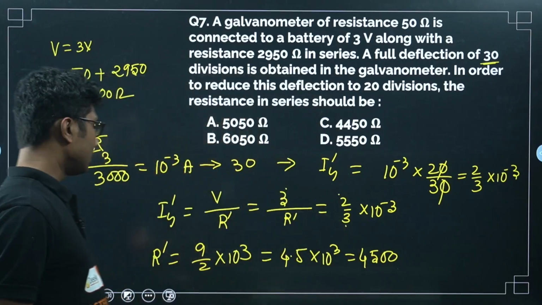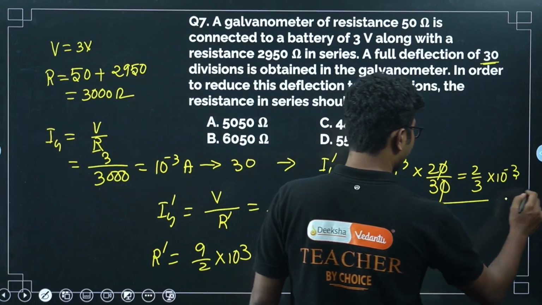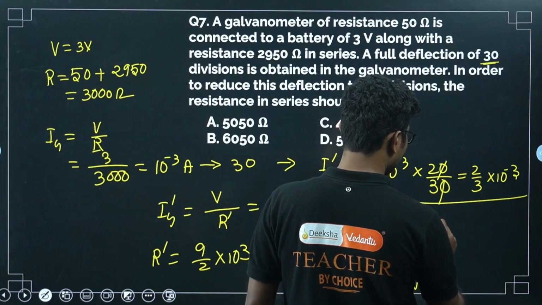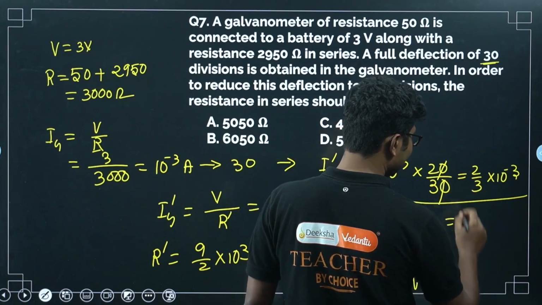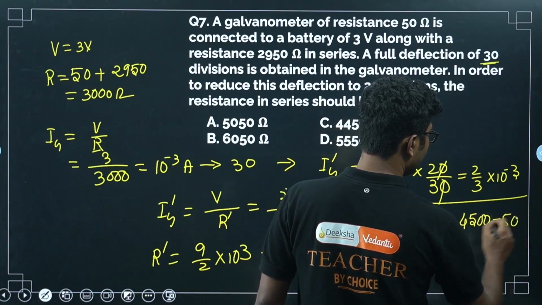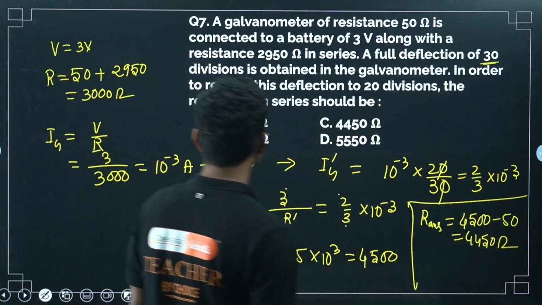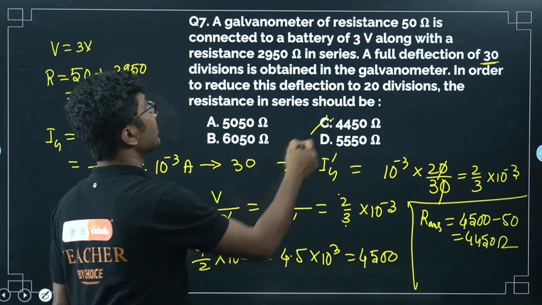This includes the resistance of the galvanometer, right? So the resistance of the galvanometer is included. So the final answer, the resistance, is 4500 minus 50, that is 4450 ohm. So 4450 ohm is the answer for this question.